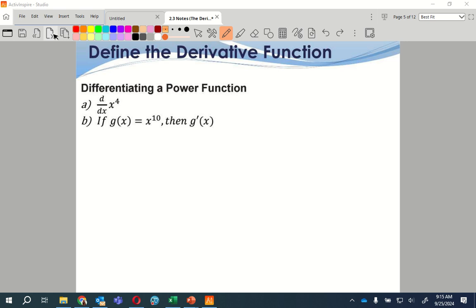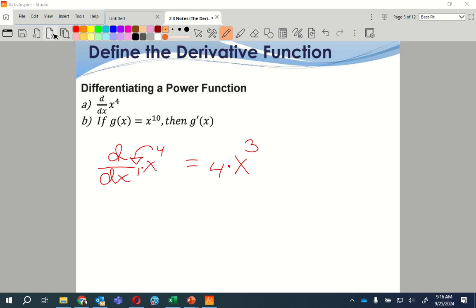So, taking the derivative in terms of x of x to the fourth is going to be x to the third, because it's 4 minus 1, and that 4 goes out front, times the 1 that's already out front.